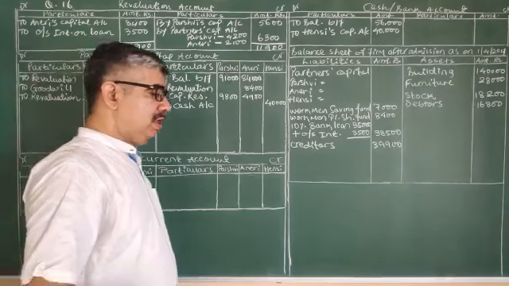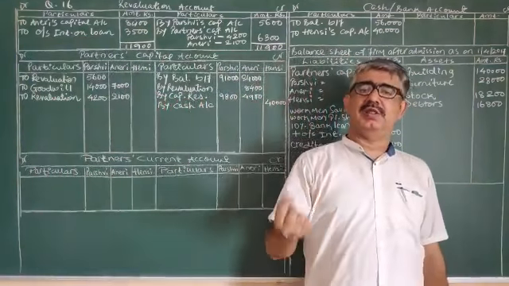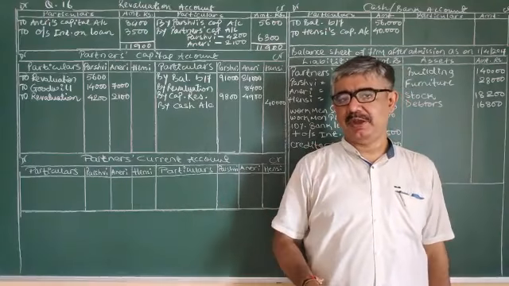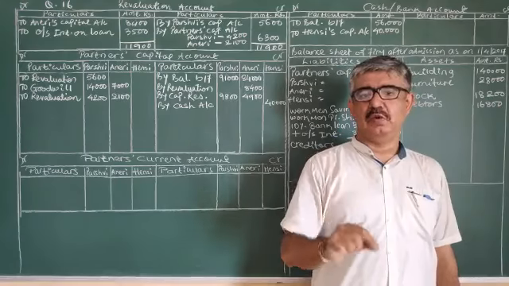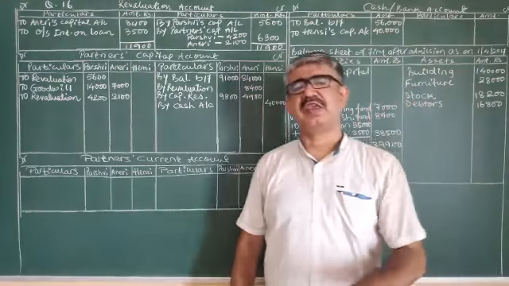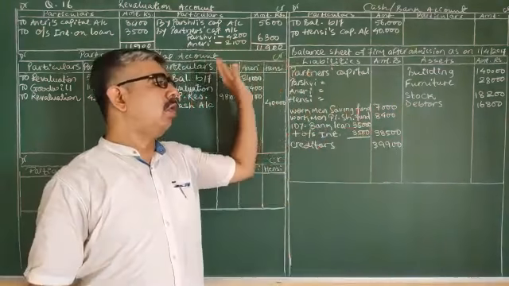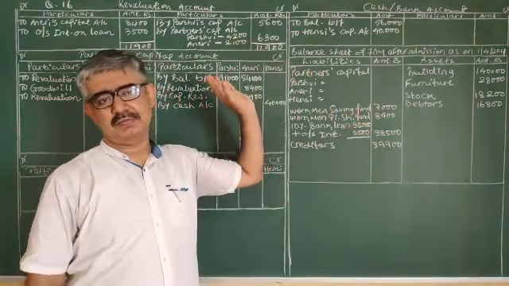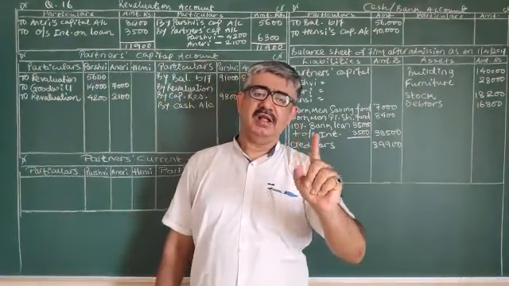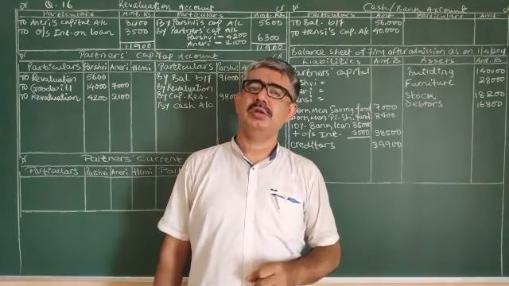Okay. Now two matters left. One goodwill, another closing capital. Whenever such things happen, always solve goodwill first. Because closing capital is 99% based on all the remaining data. So if you miss any one data and start calculating closing capital, it will be wrong.